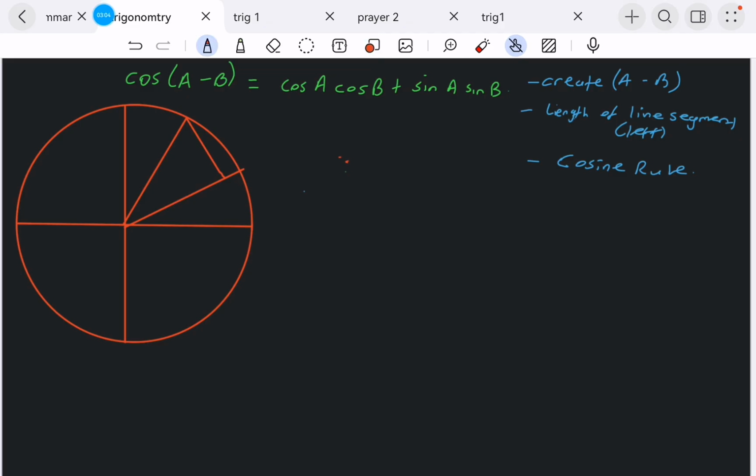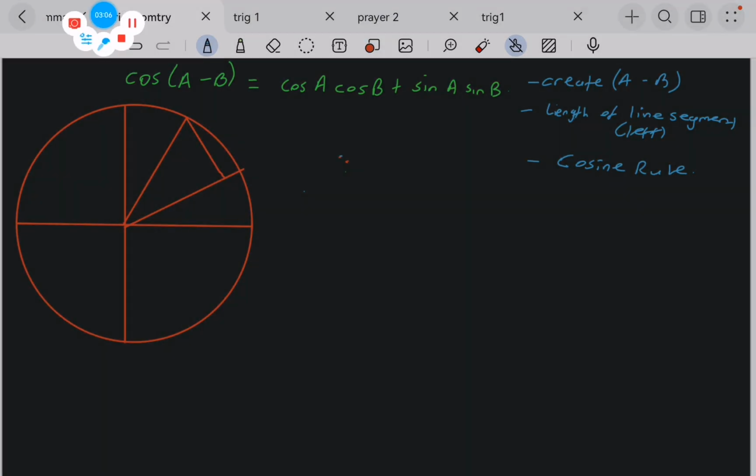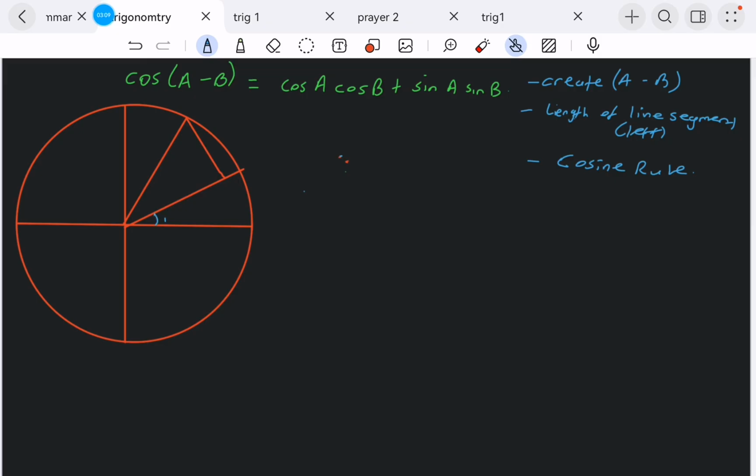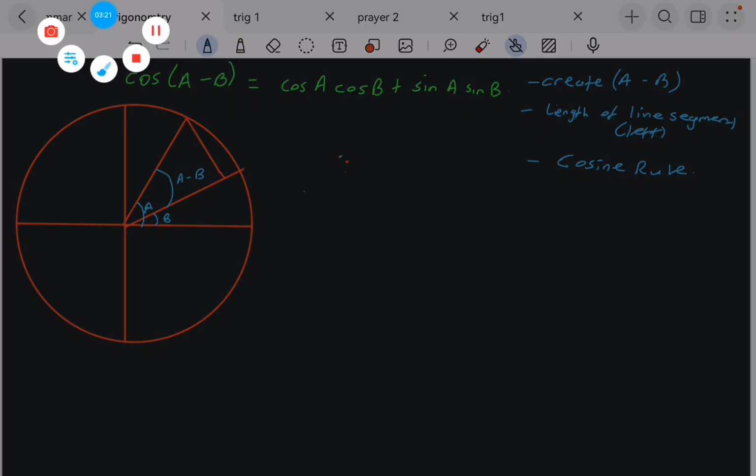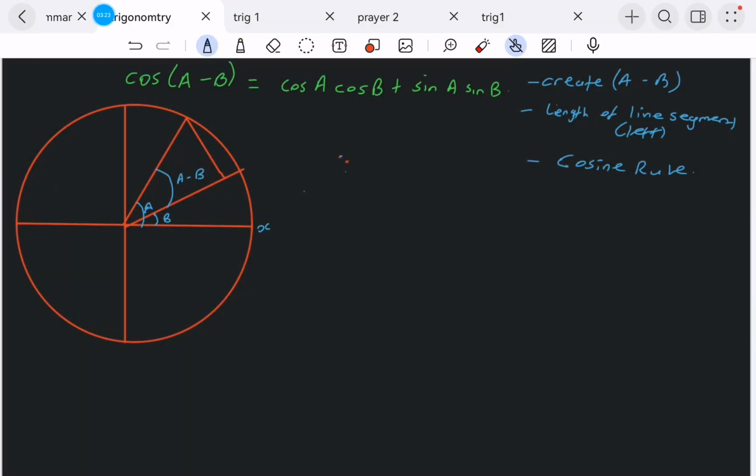Okay, and whereby this side we have our angle B, and we have our big angle A, and that means that the middle angle is A minus B. X, Y, okay? The whole of this is X, and the whole of this is Y.